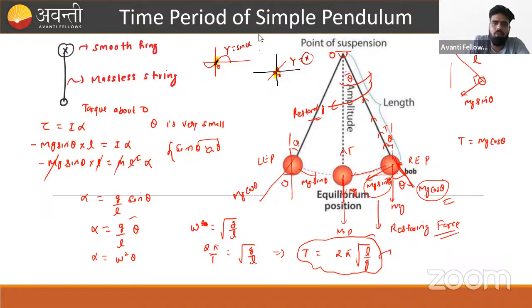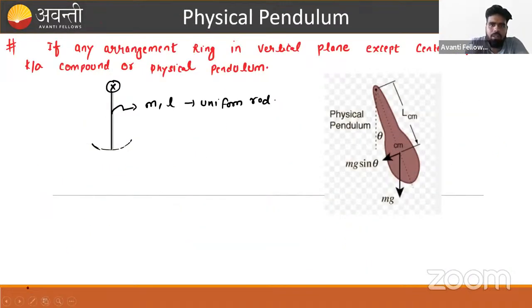Okay. So what is your homework for today, beta? I am giving a homework problem for you. This is known as the physical pendulum or compound pendulum. And you have to find out the time period of this compound pendulum. What is a compound pendulum? I want to give you one hint.